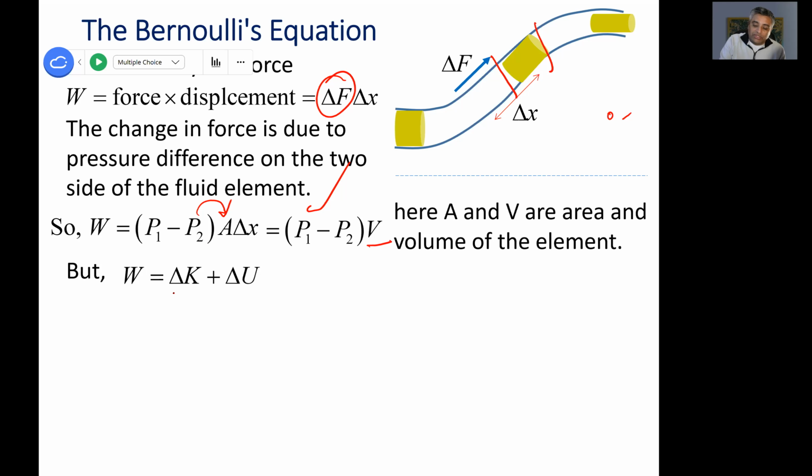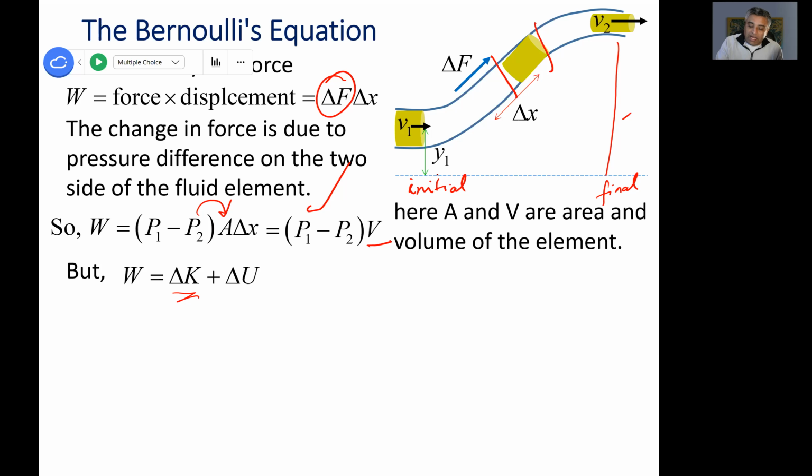Now change in kinetic energy means final kinetic energy minus initial kinetic energy. So we need to label which one is initial and which one is final. So let's say this is the initial point, okay? So this is initial, and this is final.